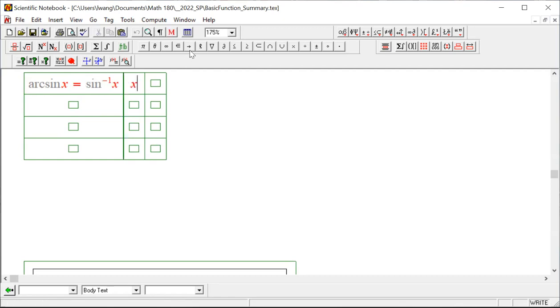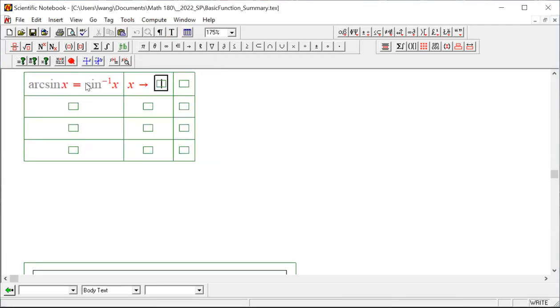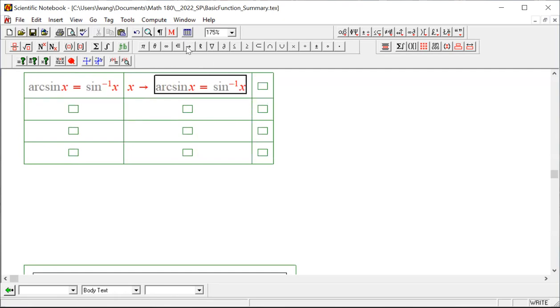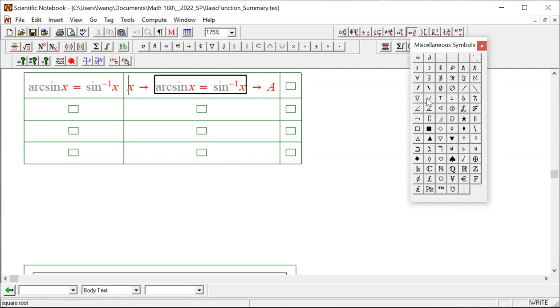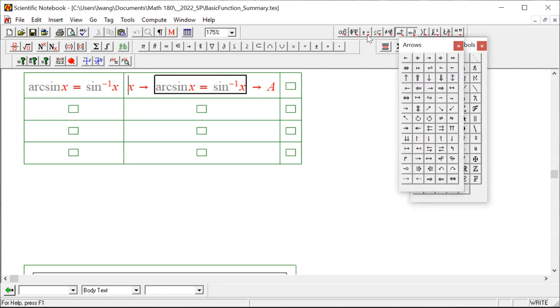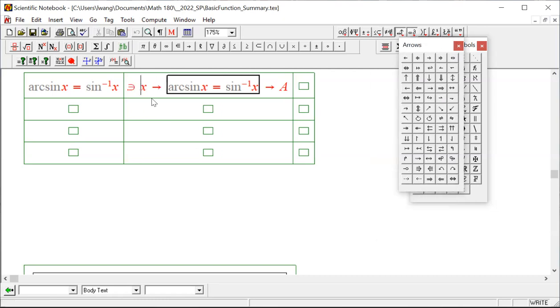Okay, so x is a ratio, and the rule of the function is such that the outputs are angles. And this ratio is between -1 and +1.